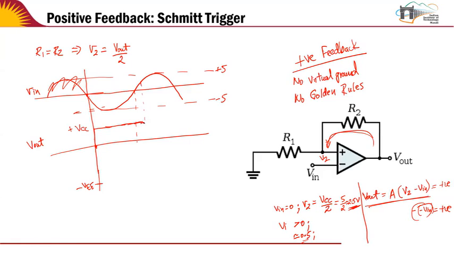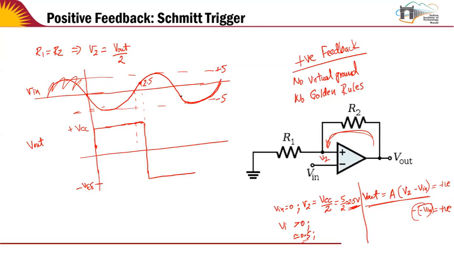Okay, so think about this a little carefully. So when you cross 2.5 volts at the input, then the output switches to negative. And then the output stays negative, and then let's say the input goes back.